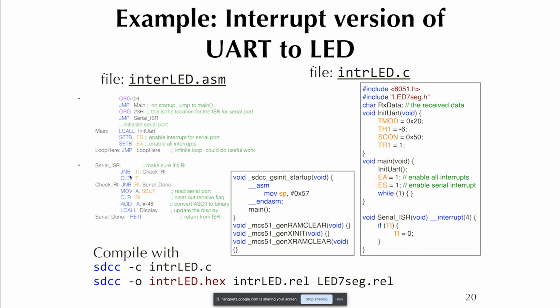It does have to check whether it's TX or RX because they share the same routine. So in this case, it checks if TI, that's the interrupt flag or the ready flag for transmit. But we're not really using transmit in this particular example. We're just receiving. Still, if it's TI, we want to clear it, otherwise it keeps interrupting us, right?